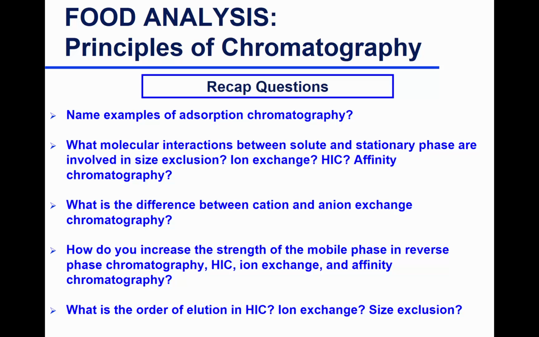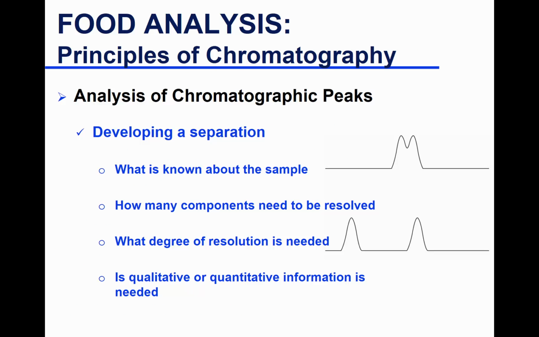Size exclusion, Lucy? The largest will come out first because the small ones will enter the pores and get more retained in the column. All right, cool. You guys studied. That's great. Moving on.